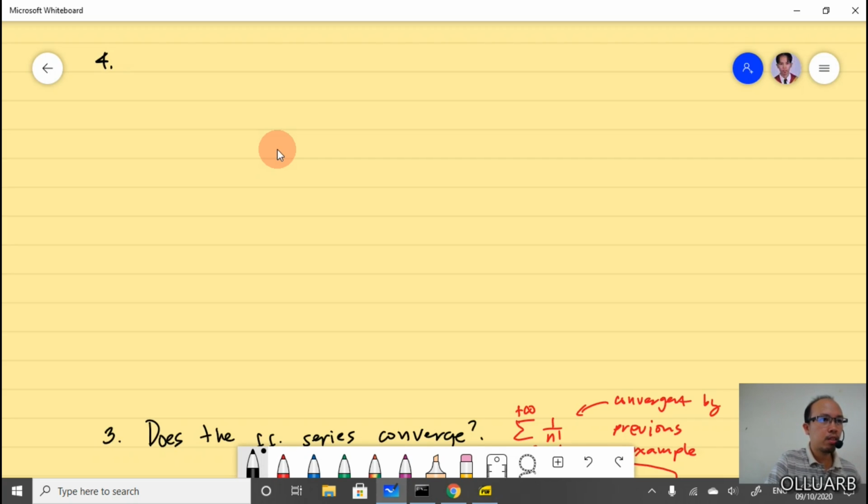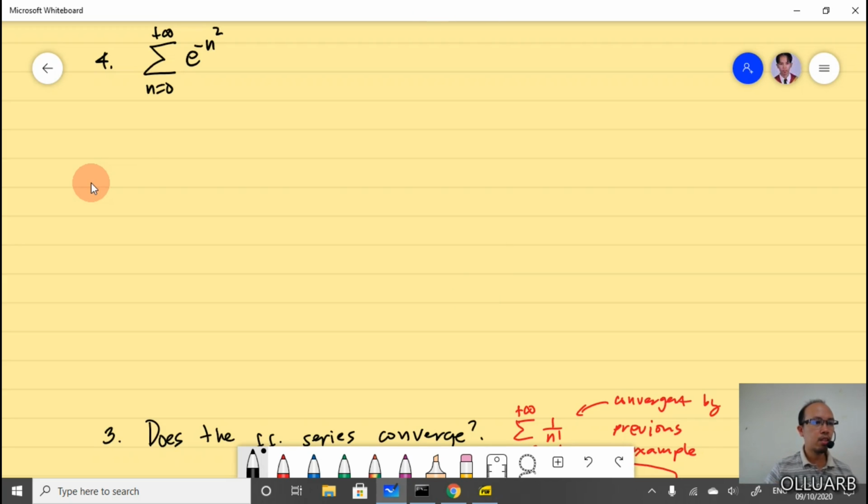Okay, how about this series, again using the comparison test: e to the negative n squared, where n starts from 0 to positive infinity. So let's have a solution here.